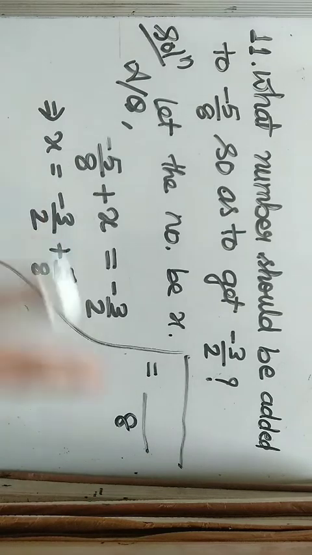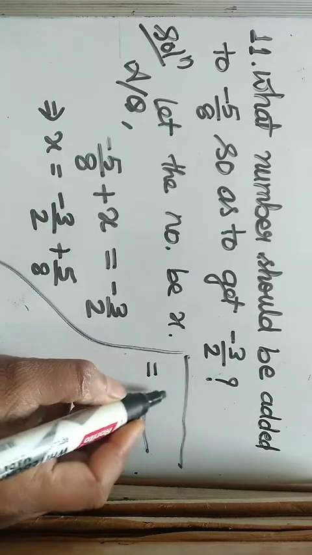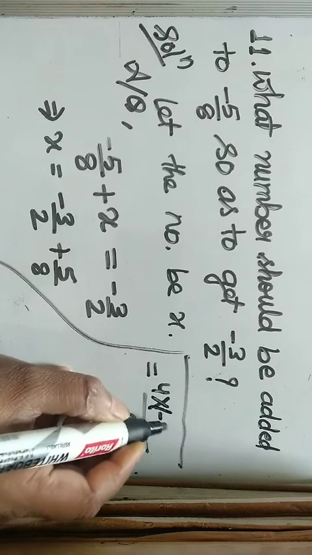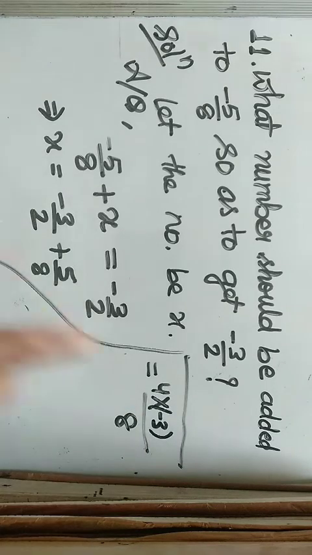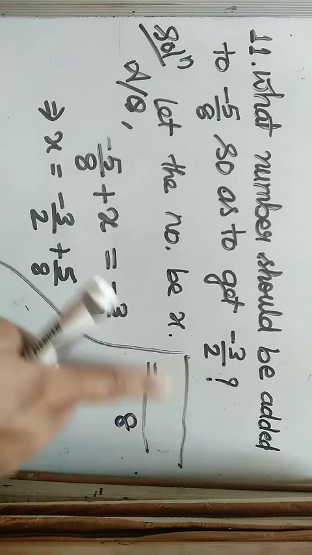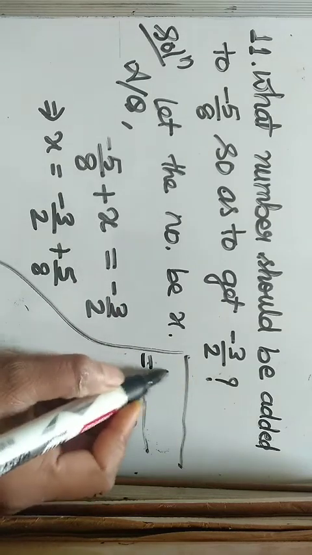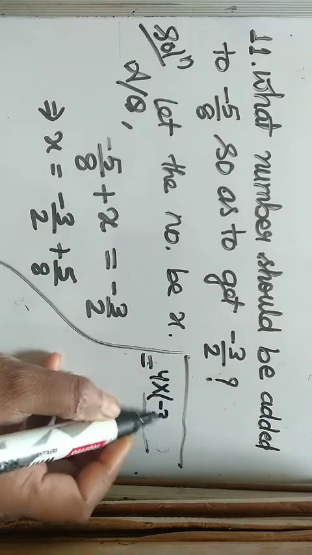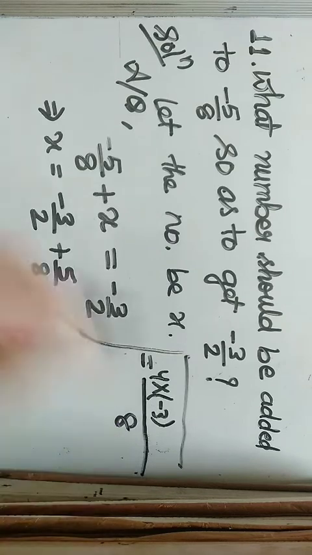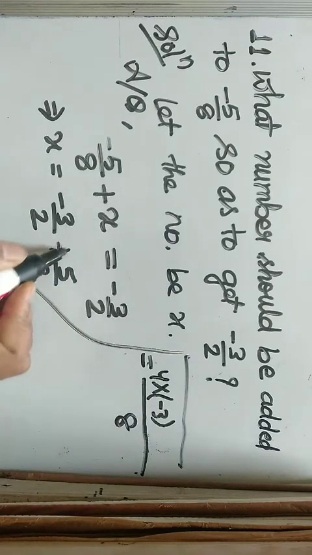So in the 2 table, 8 comes in 4 times. So we multiply this with the numerator, that is minus 3. Now we have the plus sign, so we put the plus sign.